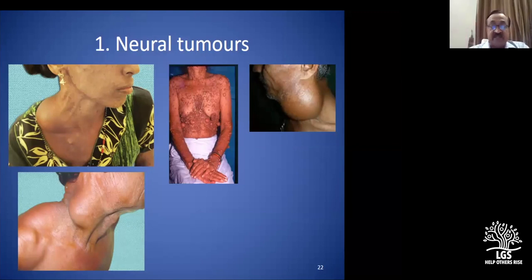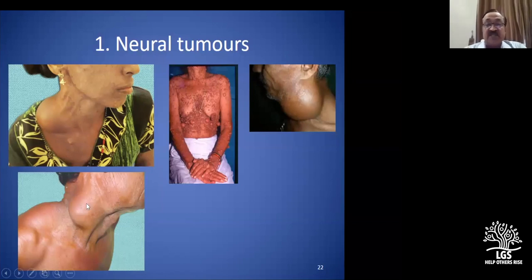Whenever you are given a swelling like this, look at that swelling, it was 5 years duration. And this man here, it was also 5 years duration, but 3 months rapidly growing. So you have a benign tumor here. This is a neurofibroma, and this is a neurofibrosarcoma. Again, another case of a neural tumor here.